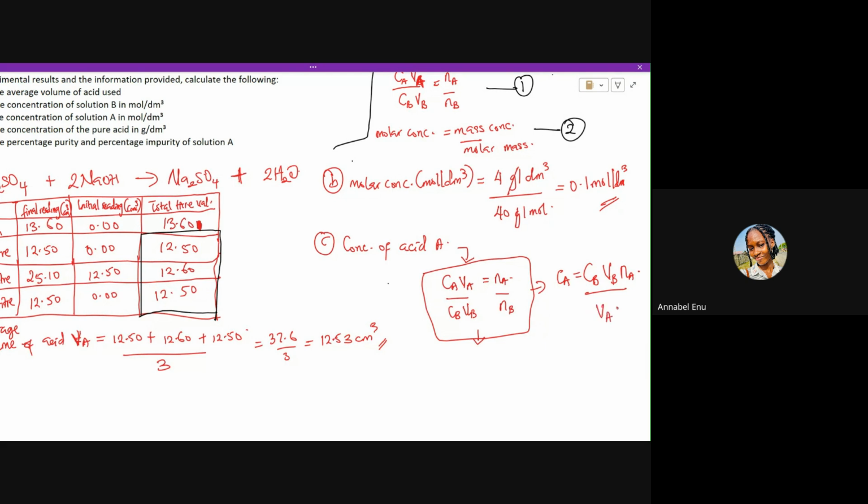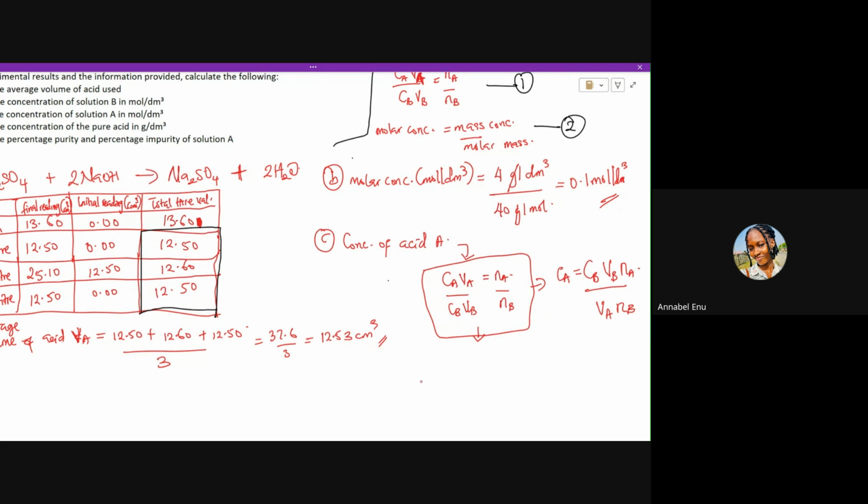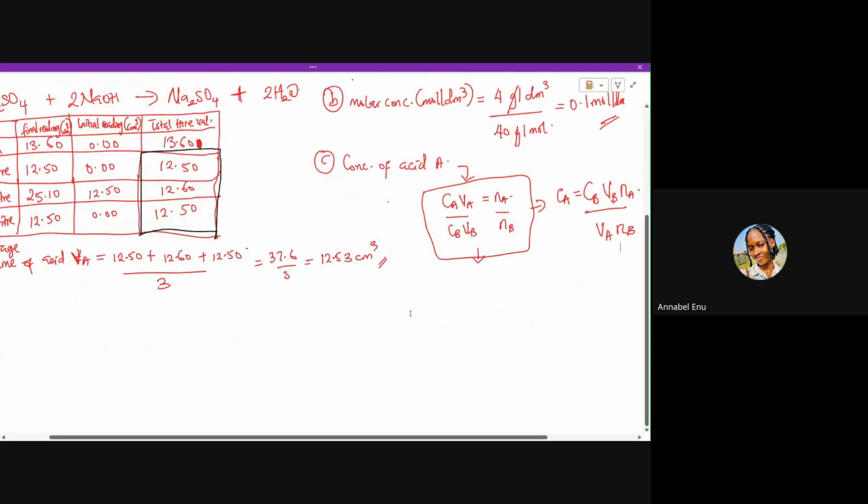So this is what we're going to be fixing. From here, we have our Ca, which is what we're looking for, to be equal to concentration of base.